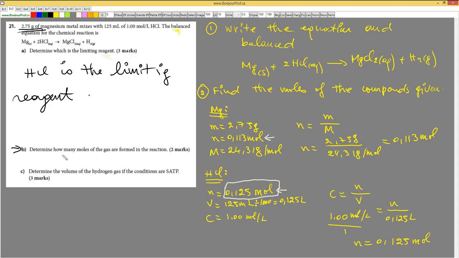Determine how many moles of the gas are formed in the reaction. They are looking for moles of which compound? It is a gas. There are a lot of gases, which one? They are looking for H2.